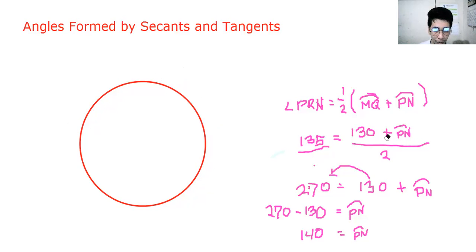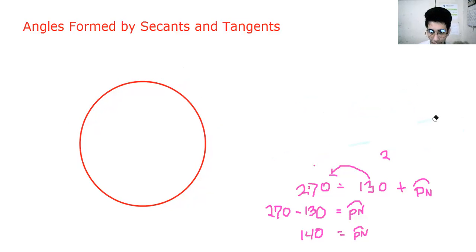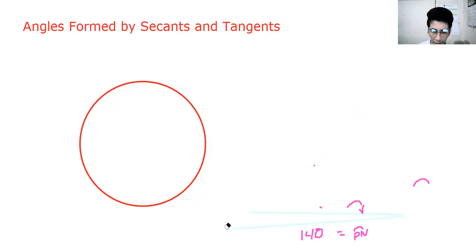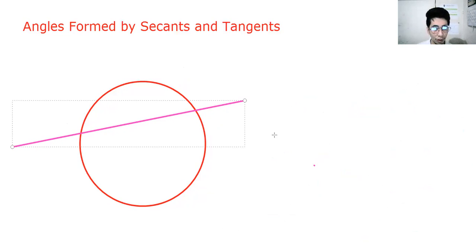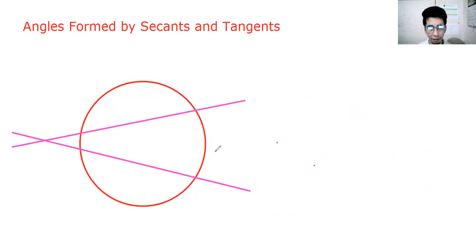So, listen carefully with this one. So, for example, we have here 2. Ano to? Secant or tangent lines? Secant.